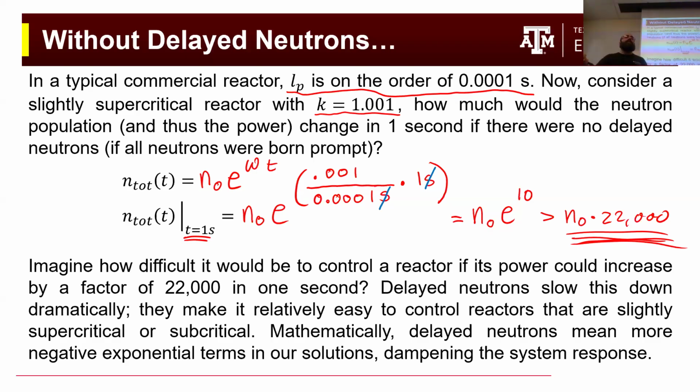And a slower response means our system is easier to control, which is good. So you can think of the extra delayed neutron precursors as adding more negative exponential terms in our solution, which dampen out this tendency for some of the solutions to blow up to infinity.